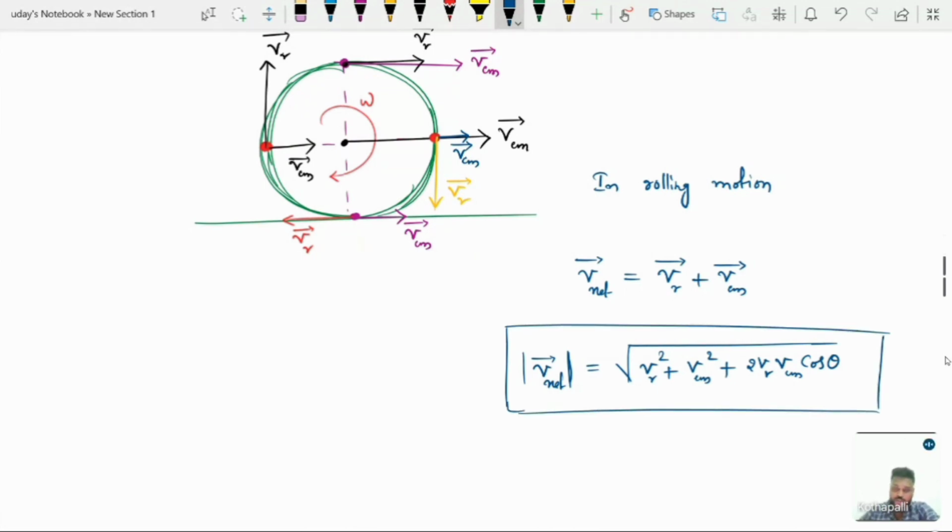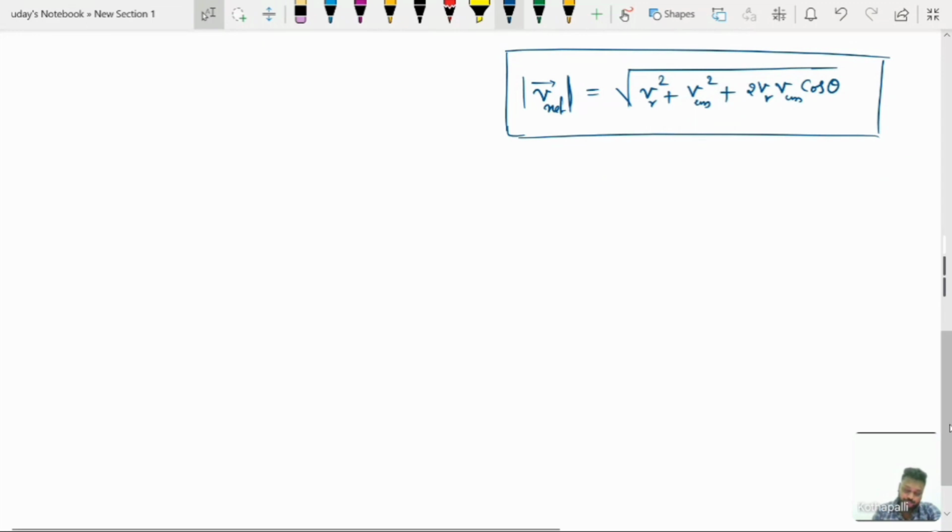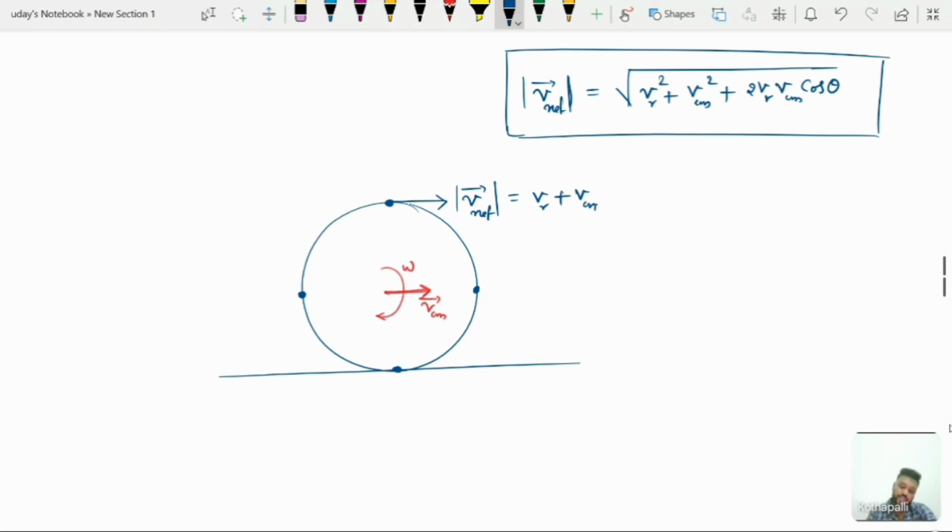Which means for the above situation, at this point, as I told you, if it is rotating as well as translating, and I want to write this point's net velocity magnitude, it will be the direct sum of VR and VCM, because the angle between them is zero.